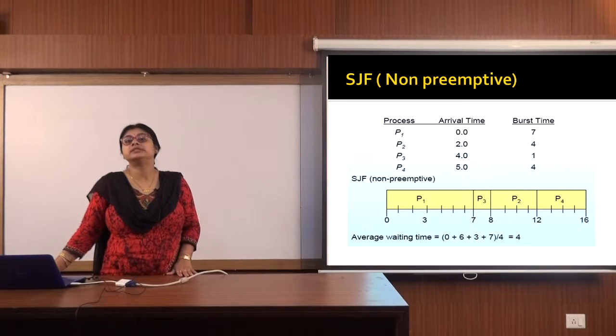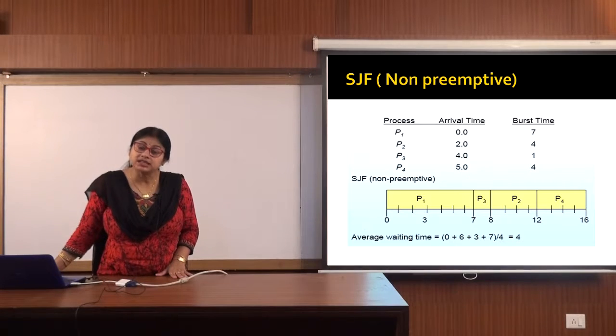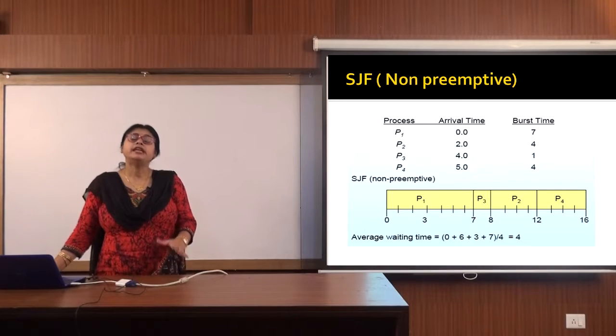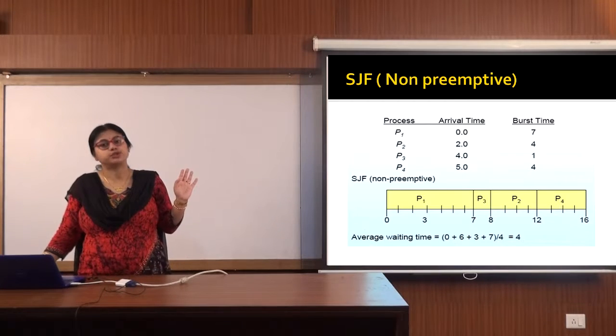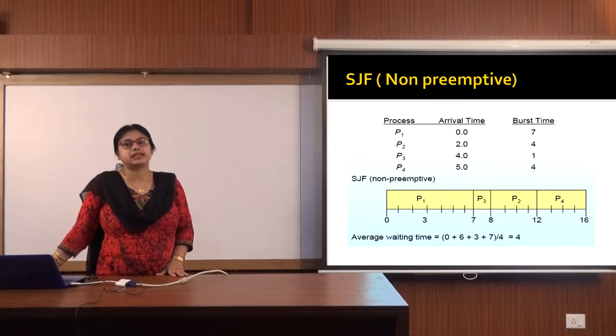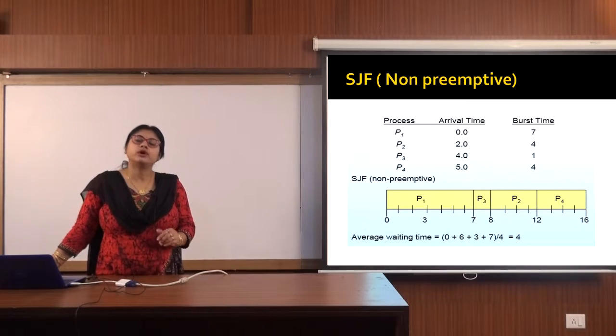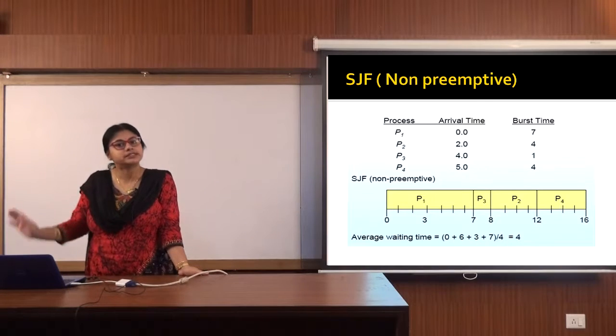What does non-preemptiveness say? Once a process gets the chance to go inside the CPU, it will only come out once it completes its execution totally. As P1's burst time is 7 milliseconds, it will only come out of the CPU after 7 milliseconds, completing all its tasks.